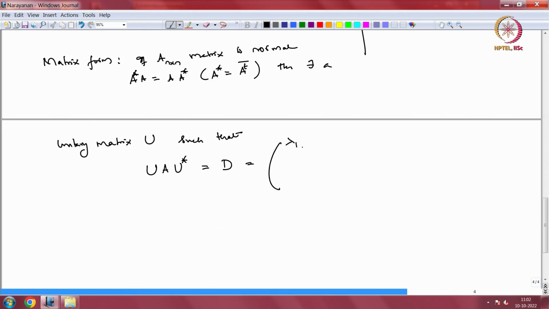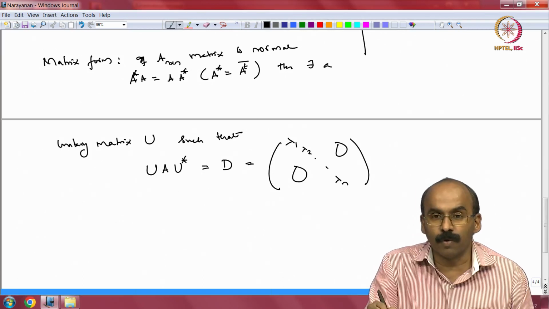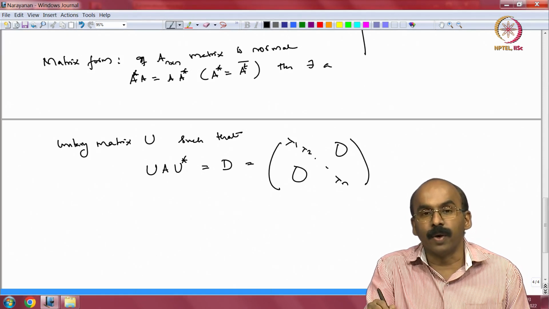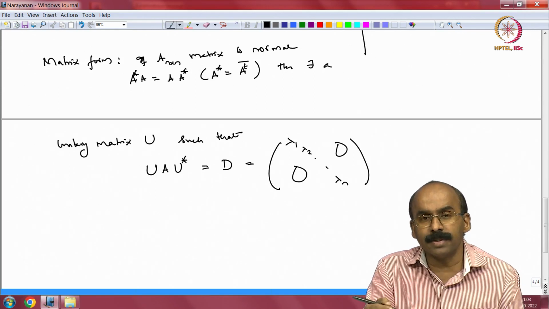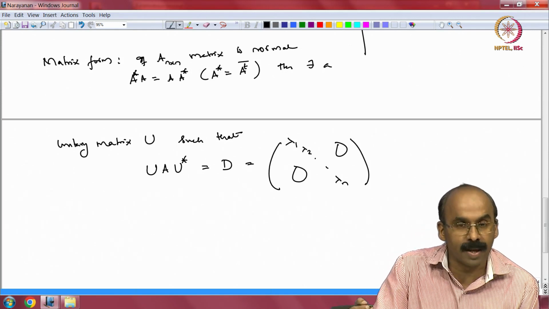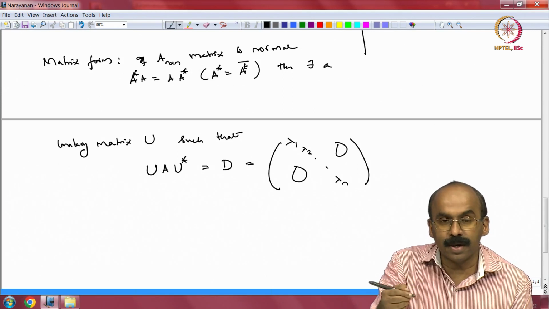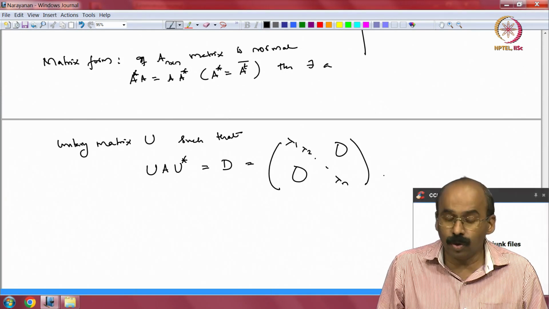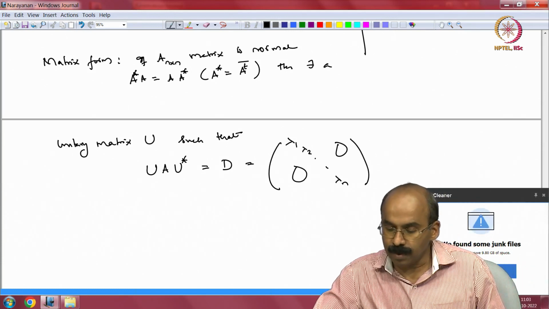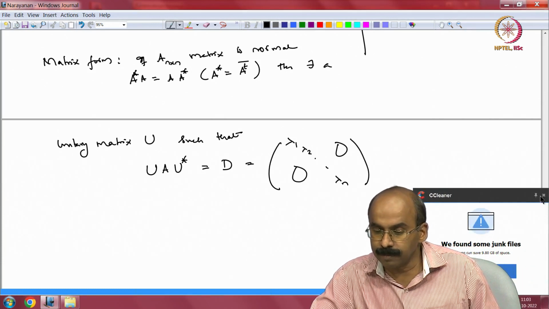So, it is lambda 1, lambda 2, etc., lambda n, and everything else is 0, right, and lambda j are of course the eigenvalues for the matrix A, which is the same as the set of eigenvalues for the linear transformation you have. Okay. So, what does U do? U is a unitary matrix, and so it is only changing the orthonormal basis. So, that is equivalent to the earlier statement we have written down. Okay. So, these are things you are supposed to know anyway, so we will not spend time on it.